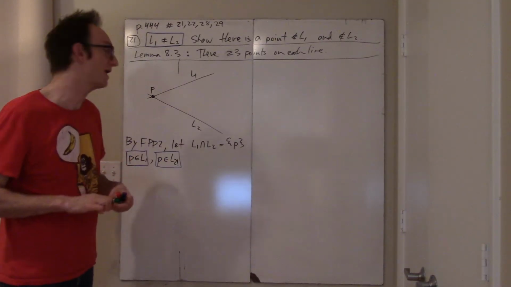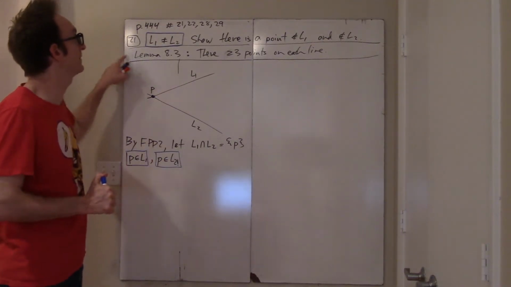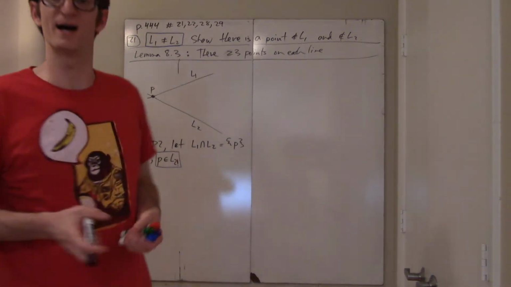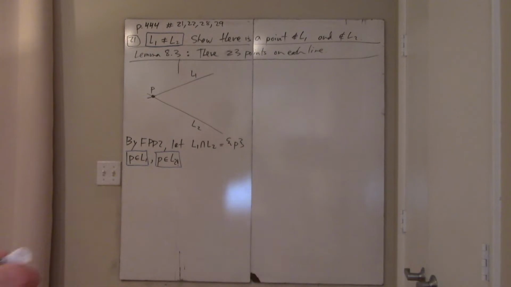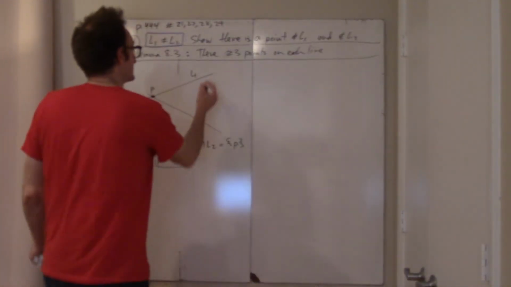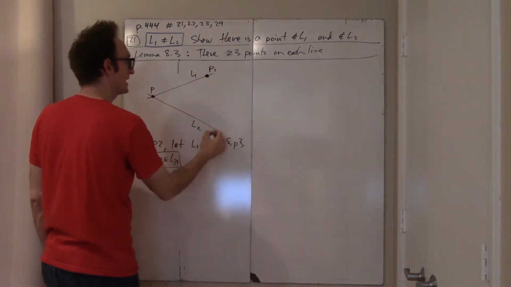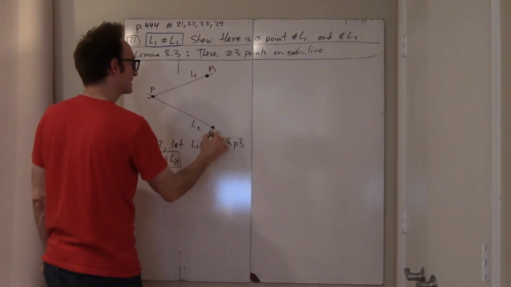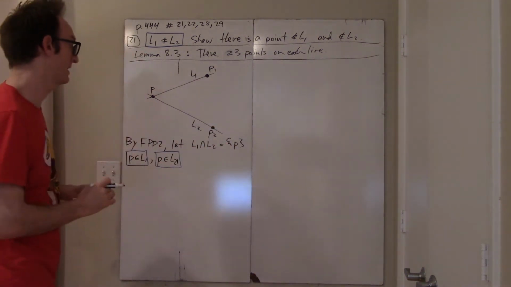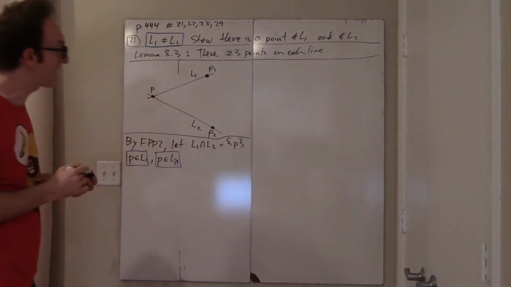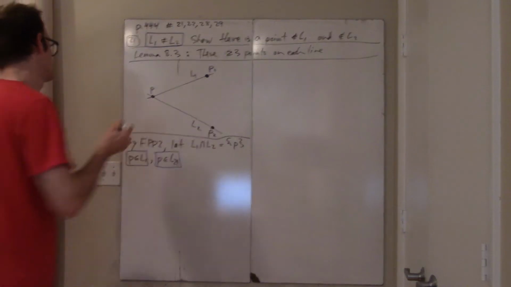By virtue of this lemma 8.3, I can now just put more points on these lines. And so I'll put another point, let's call it P1, on L1, and I'll put another point, P2, on L2.